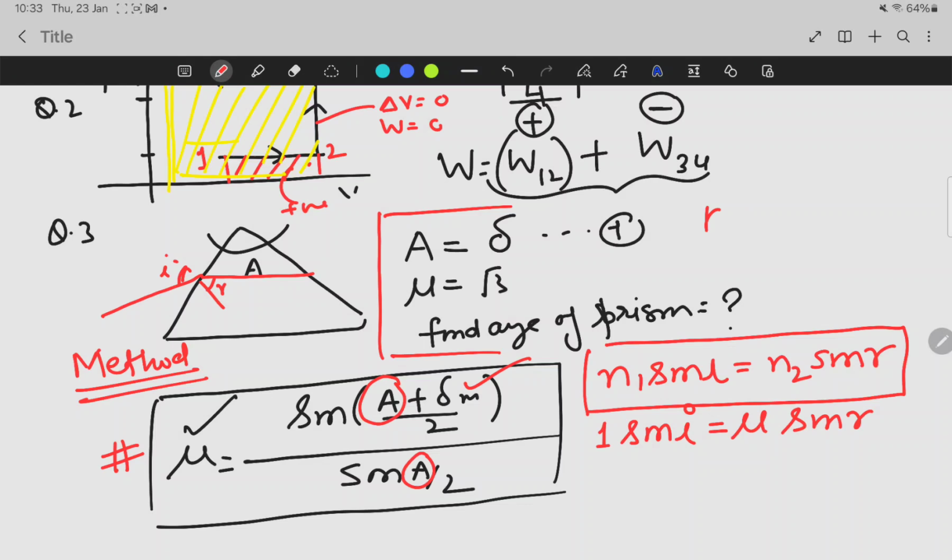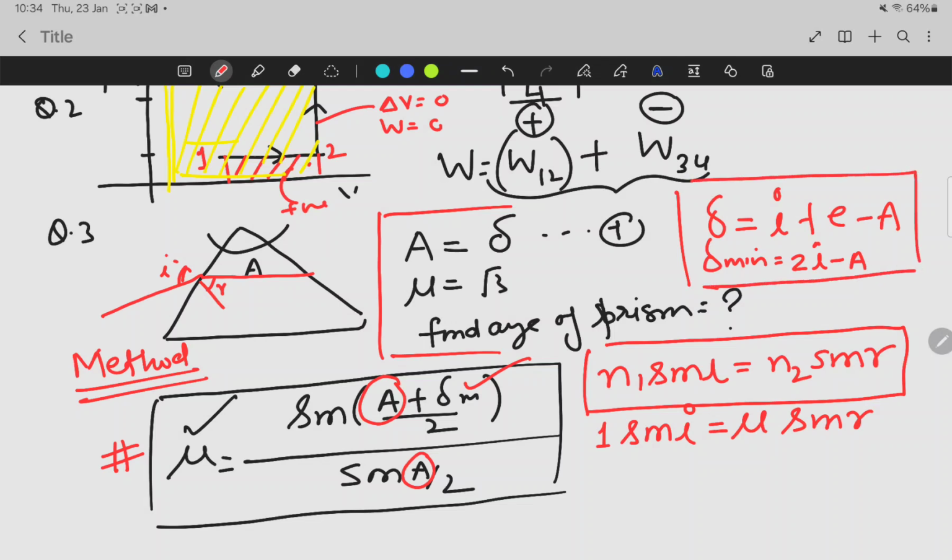In the case of minimum deviation, we can write delta is equal to I plus E minus A. And for minimum deviation, I and E are both equal, so it is 2I minus A. Now in minimum deviation they have given A is equal to 2I minus A. So ultimately we get I is equal to A. Now with I equal to A, we can substitute A.